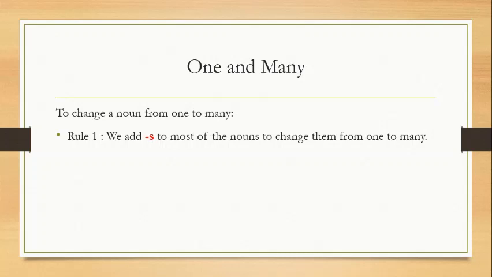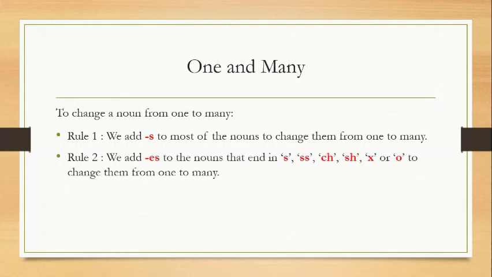And the other rule, rule 2, we add ES to the nouns that end in S, SS, CH, SH, X or O to change them from one to many.